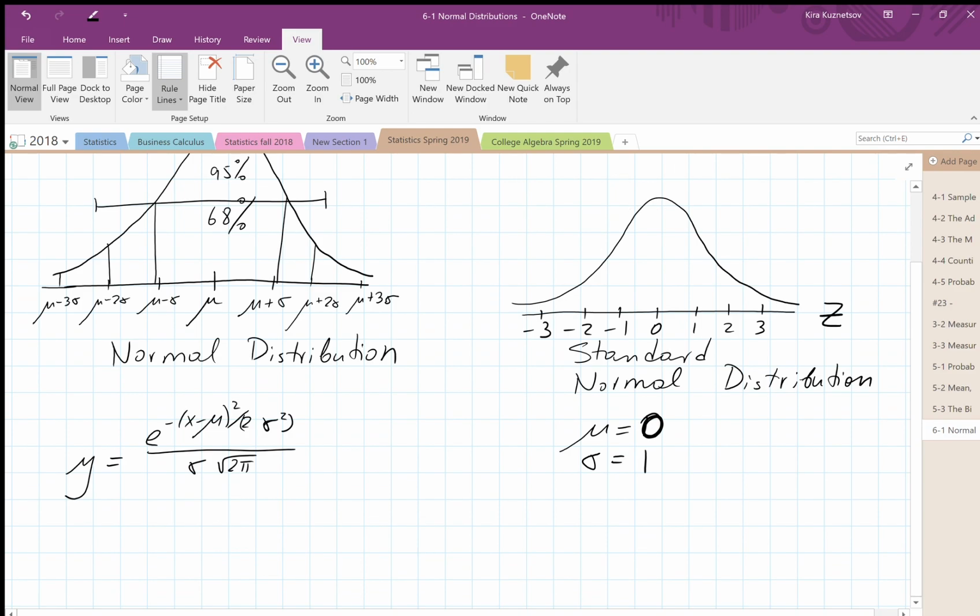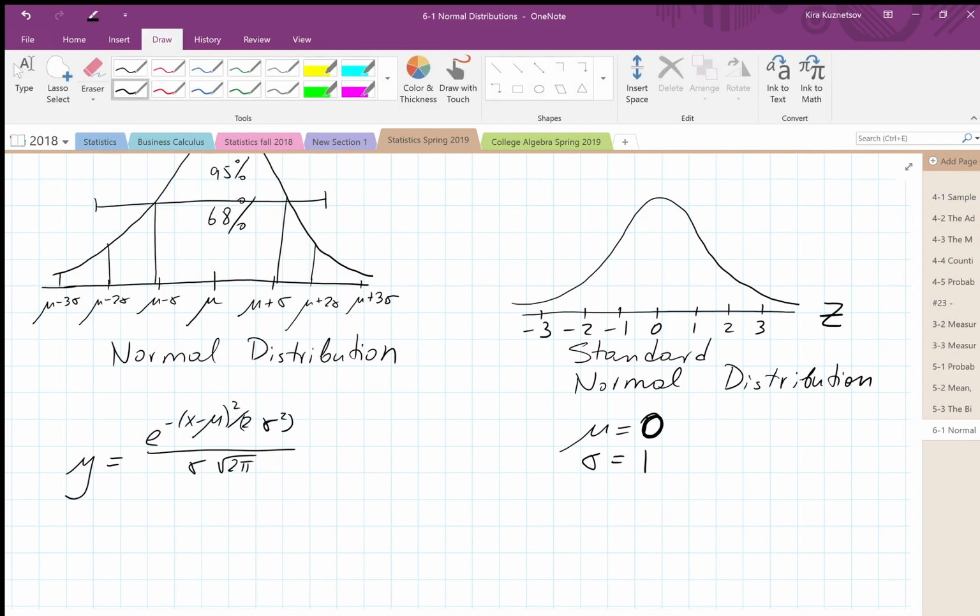So one of the things that we're going to be interested in finding is the area under the graph. So all of this area under any normal distribution, just like all of the other distributions, it has to add up to a 1.